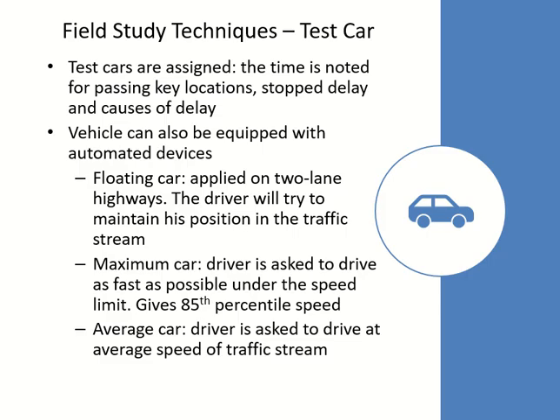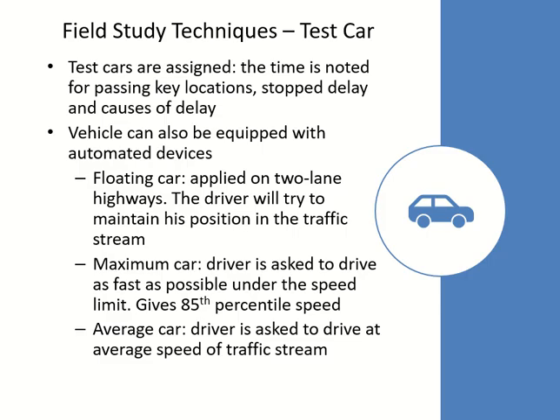Till you reach the end point, you are allowed to overtake the number of cars which have overtaken you. Two cars have overtaken you, you can overtake two cars. One car has overtaken you, you can overtake one car. Otherwise you just keep on moving in your lane. If nobody has overtaken you, you just keep on moving. So this is the concept of floating car.